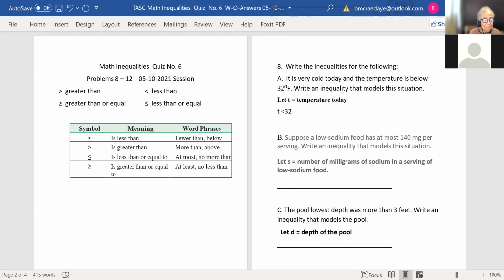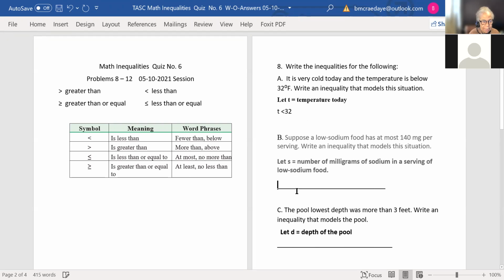I'll read it. You tell me the inequality. Suppose a low sodium food has at most 140 milligrams per serving. Write an inequality that models this situation. Let S equal number of milligrams of sodium in a serving of low sodium food.